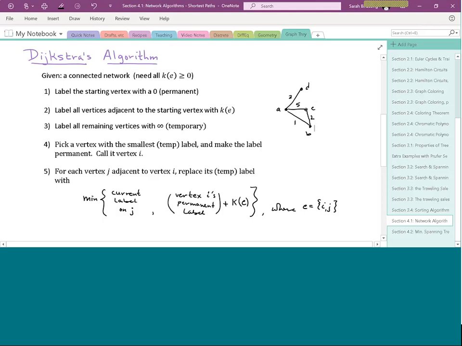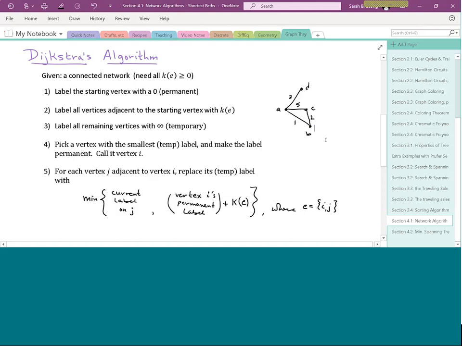It'll be changed to 3 because it's actually shorter to go A to B to C instead of directly to C. So typically they are normally permanent, but they don't all have to be permanent. We're going to go through the algorithm to see how to check for all of that. This would be the only situation where those vertices adjacent to your starting vertex would not be permanent. Notice, though, at least one of them has to be permanent, whichever one has the shortest length.